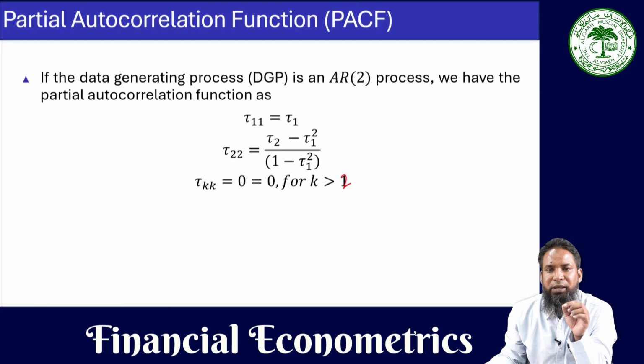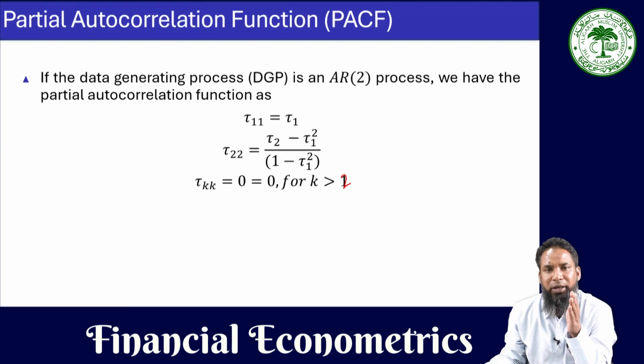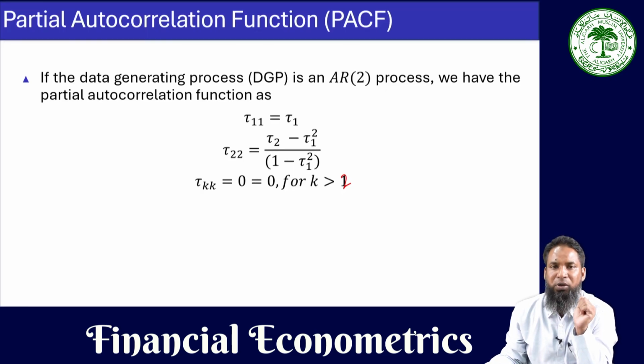So we can say that for any finite order autoregressive process, the partial autocorrelation function provides the possibility of identifying the order of the process. How do we identify it? The last lag where the partial autocorrelation function is not equal to 0 should be the order of that AR process.